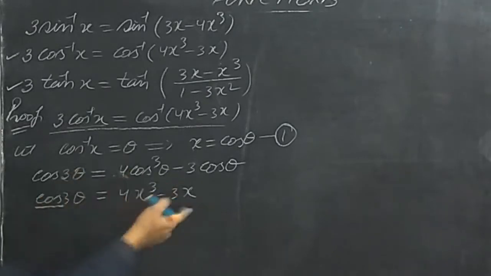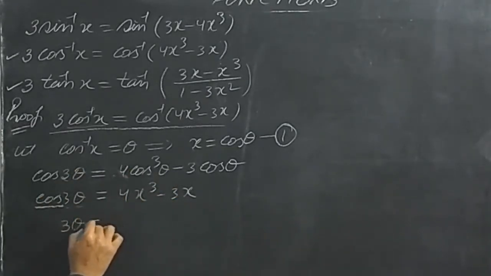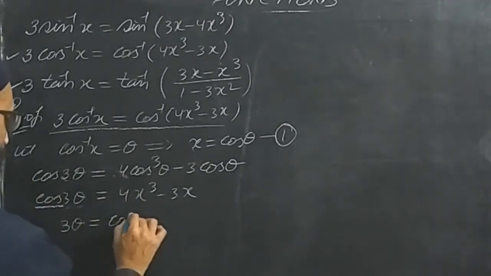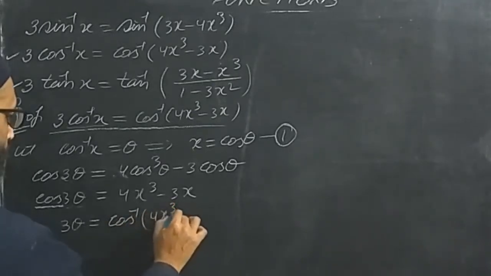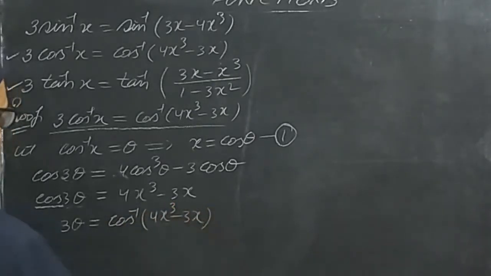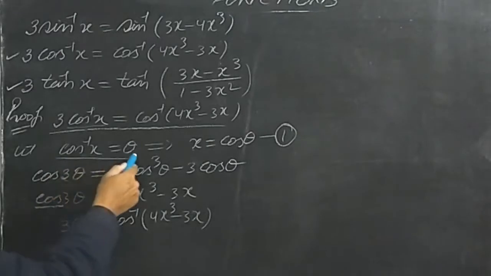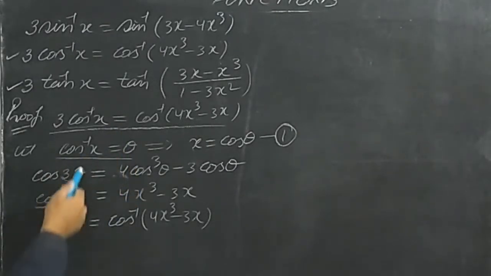Transposing cos to that side, leaving the angle on the left hand side, we get 3 theta on the left hand side, and cos becomes cos inverse on transposition. So we get on the other side cos inverse 4x cube minus 3x. Now from our assumption, cos inverse x was assumed as theta, so here theta may be replaced by cos inverse x.